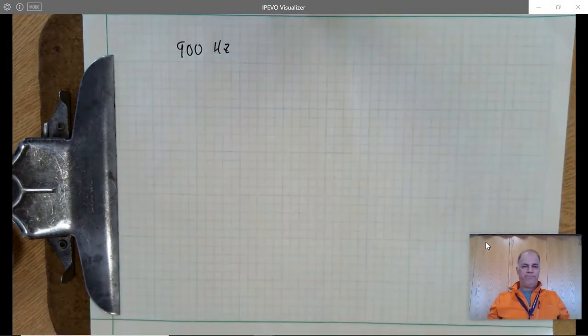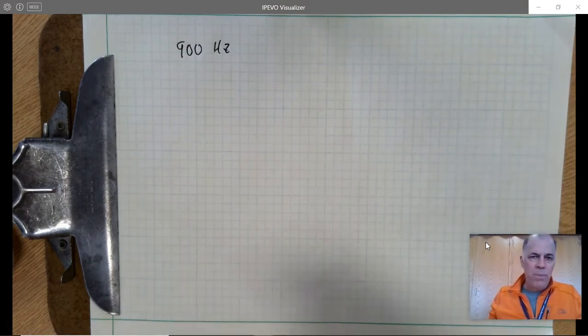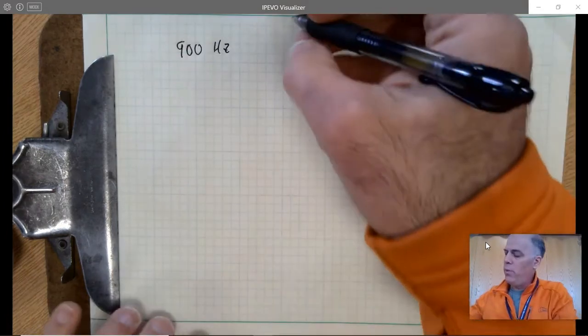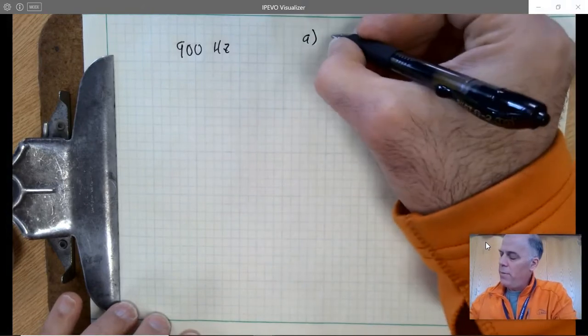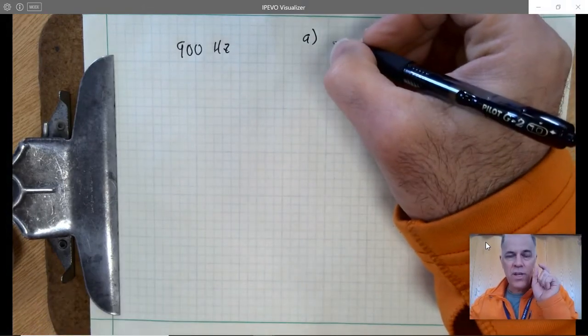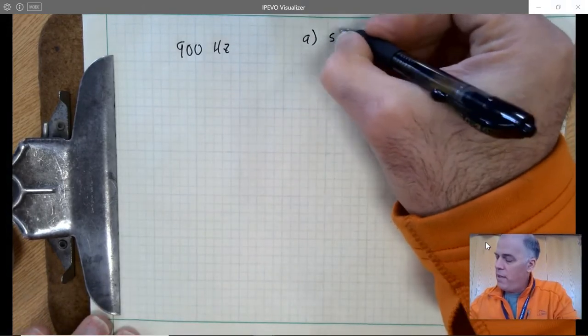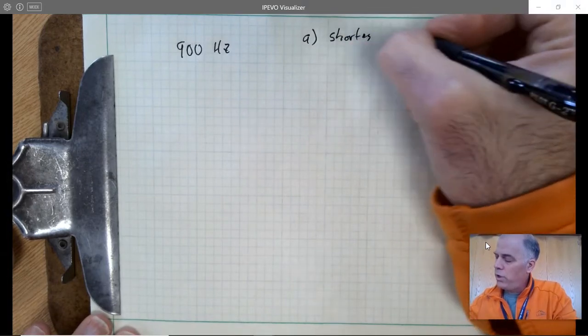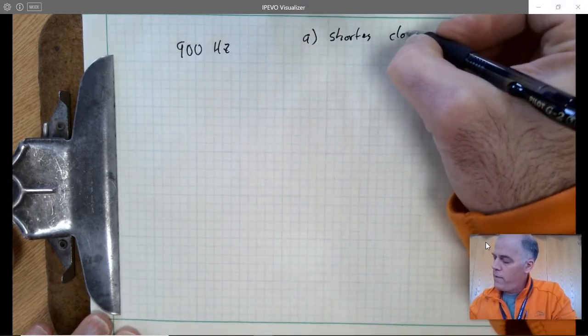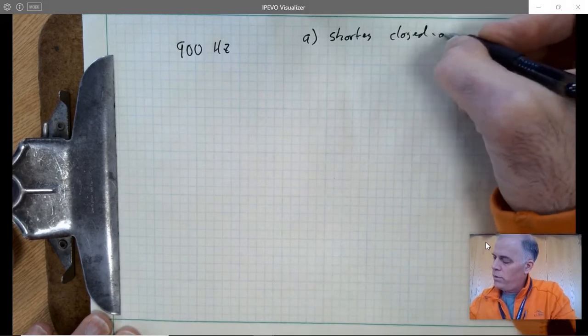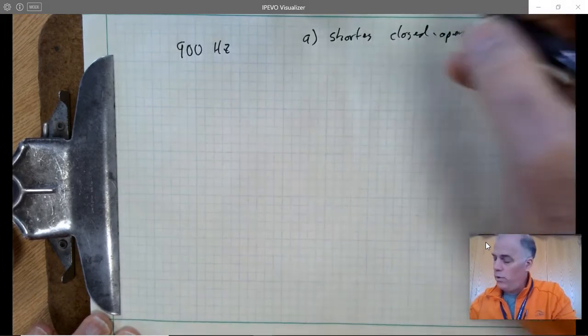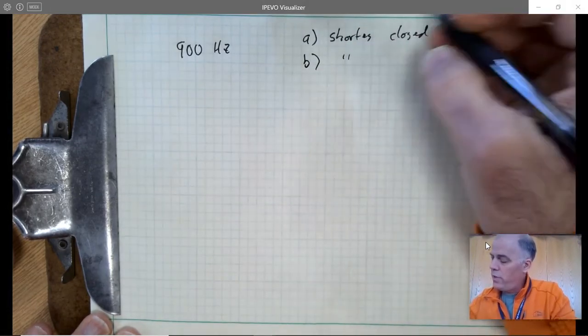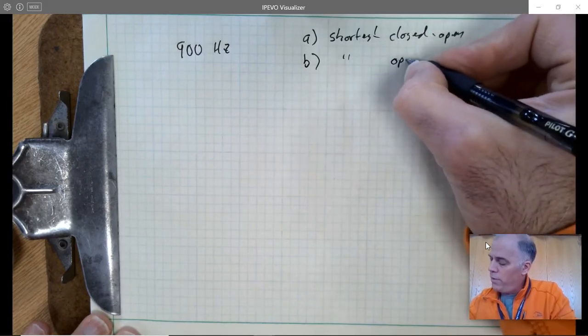I don't know why we want that, but we want it. 900 hertz frequency, and we want to find out the shortest pipe that we can make with a closed end, closed-open, so one end closed, and then the shortest with an open-open.